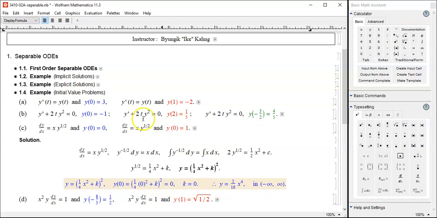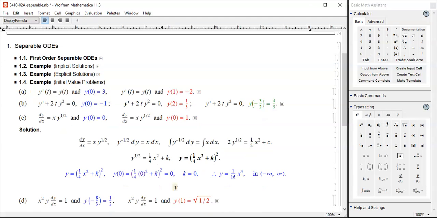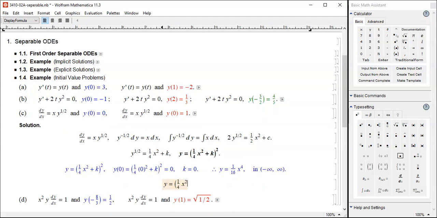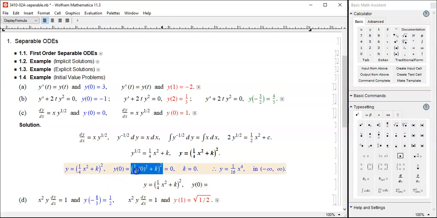Okay, let's go to the red problem here. y equals 1/4 x squared plus k, total quantity squared, and then y of 0 is equal to 1.